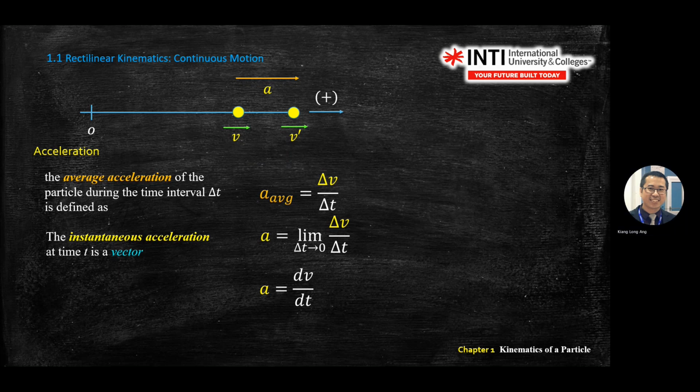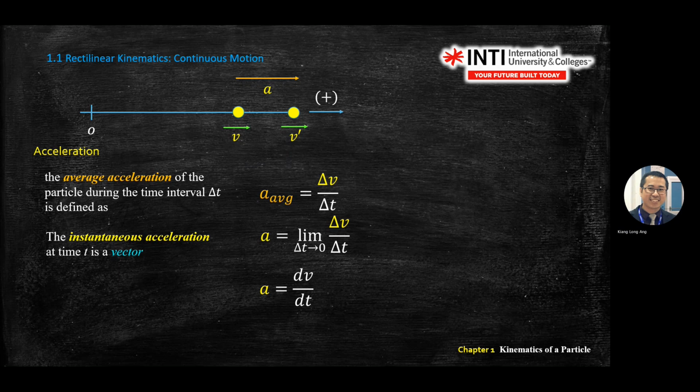Can you derive the acceleration equation? This one is in terms of velocity. Can you derive the acceleration equation, or differential equation, in terms of position? The answer is yes. What is the definition of v?